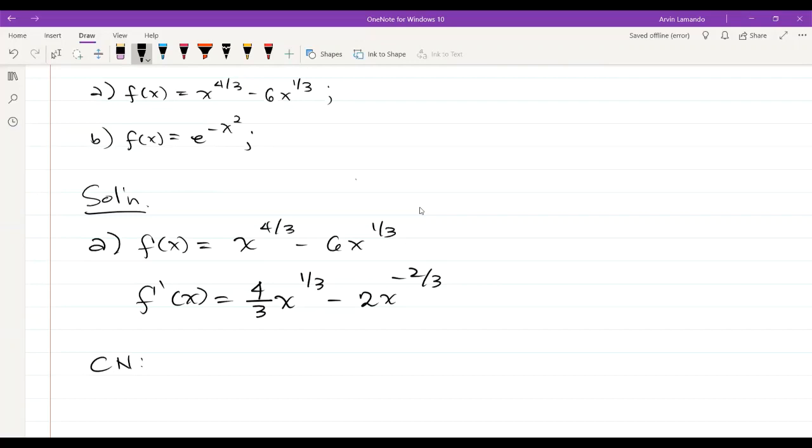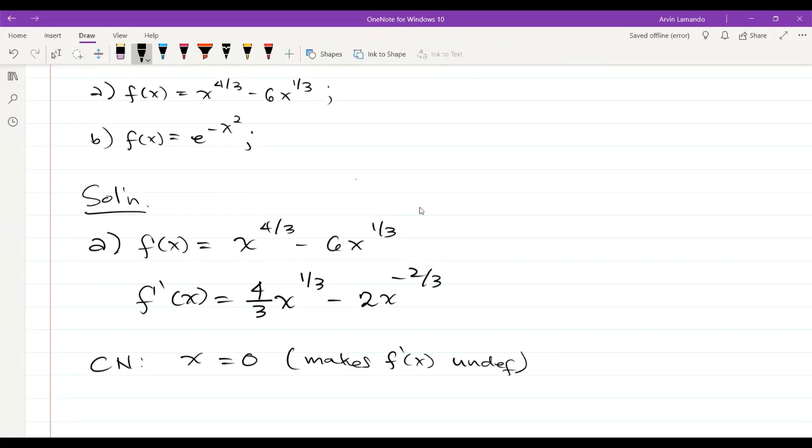So definitely x equal to 0 makes f prime of x undefined.